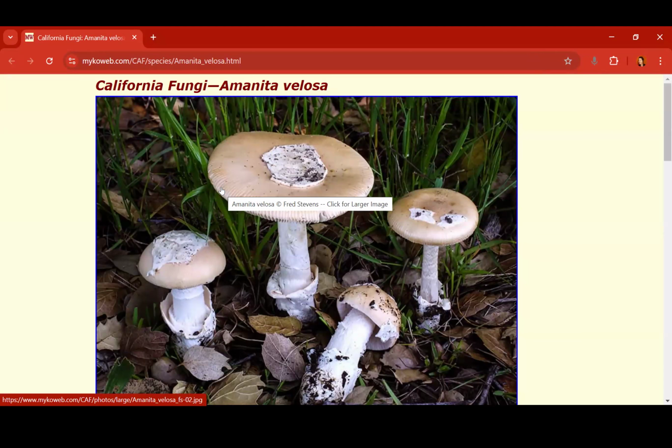It got the name grisette because in the late 1600s and early 1700s, French working class women who worked in textiles wore this dark gray form of dress, and that's what it was named after.